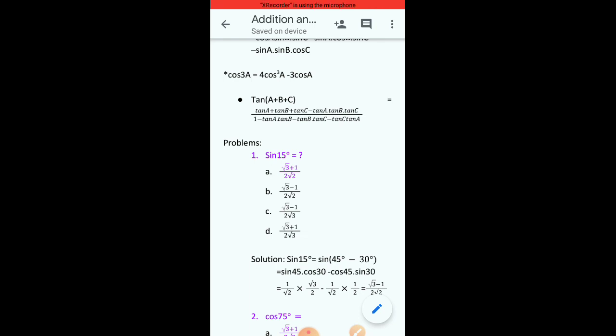If we put all these values, then we will get root 3 minus 1 by 2 root 2. That means option number 2.